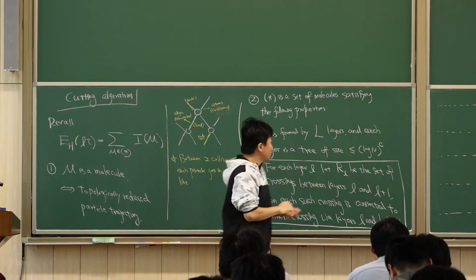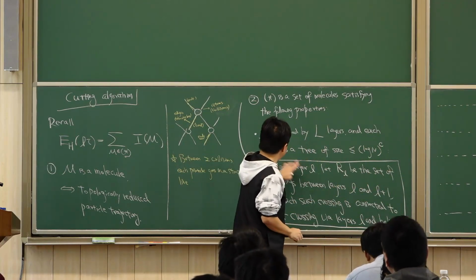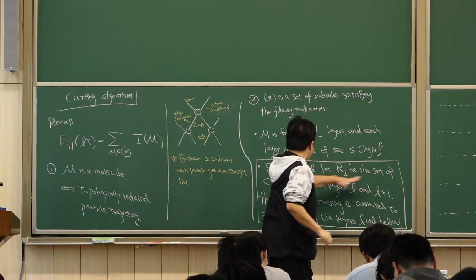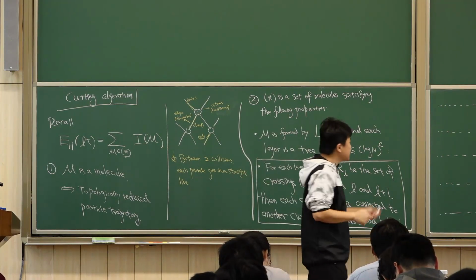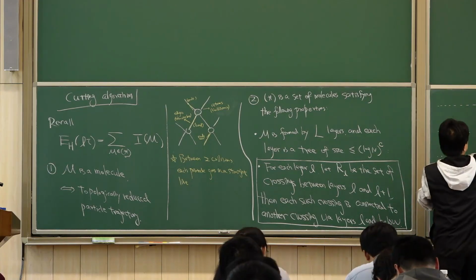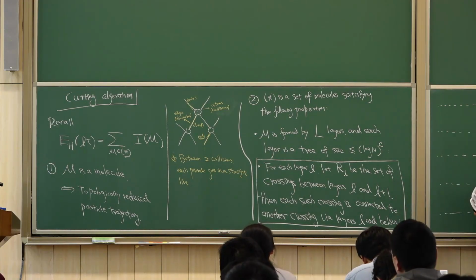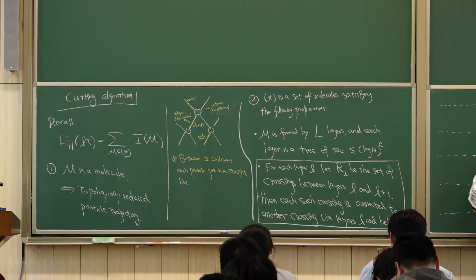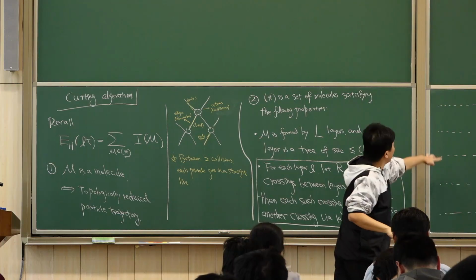Let's say each layer we have a tree. So what is a set of crossings? A set of crossings is basically an edge that crosses. So this is 0, this is tau, this is 2 tau. Let's say L is 4 in total, 4 layers in total.